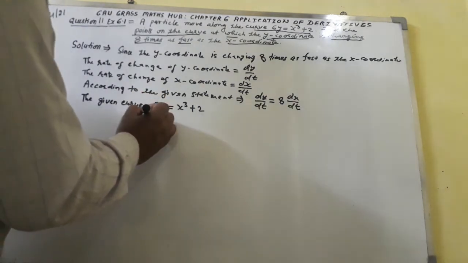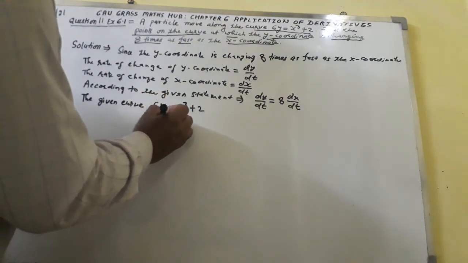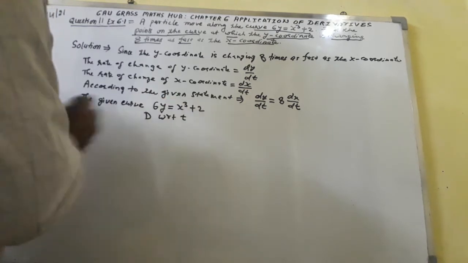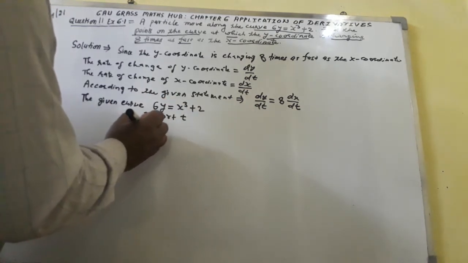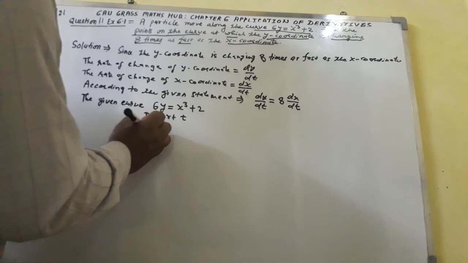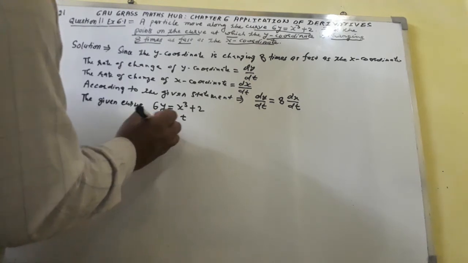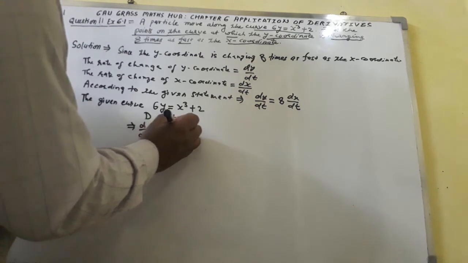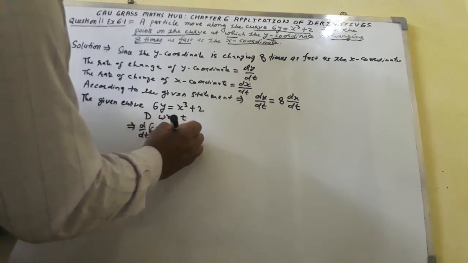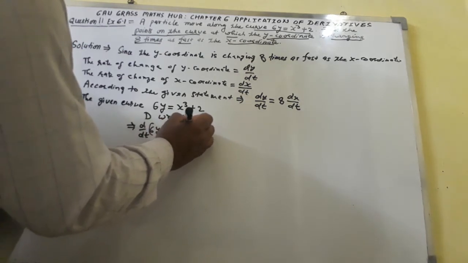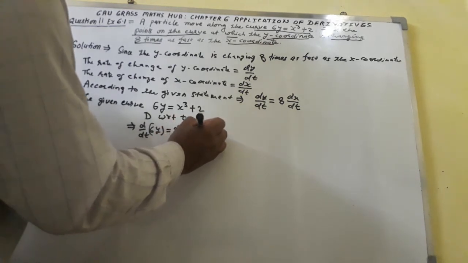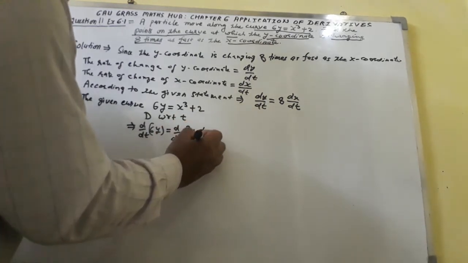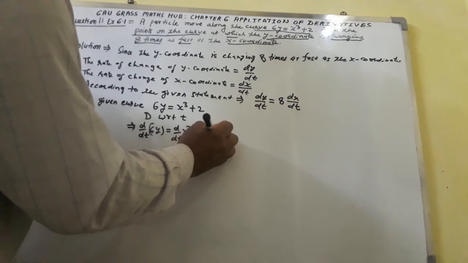I shall differentiate with respect to t, which implies d over dt of 6y is equal to d over dt of x cube plus d over dt of 2.